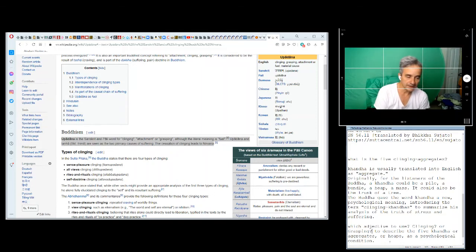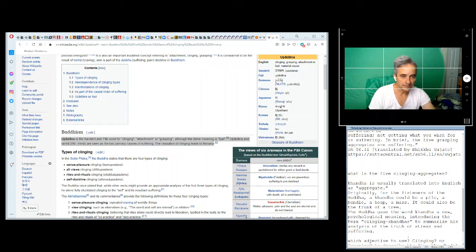To describe the five khandhas as a psychological condition that the Buddha was defining or expressing as the basis of suffering.